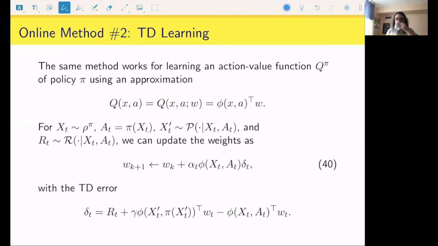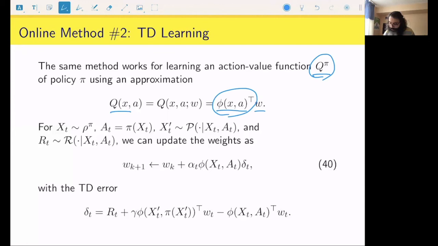Okay, so I'll try to go through this quickly. We can do Q learning or TD learning to estimate the action value function Q pi. This is not Q learning, just TD, evaluating the action value function of pi. We just use phi of x, a transpose w. So features are now a function of both state and action in order to represent the value function.